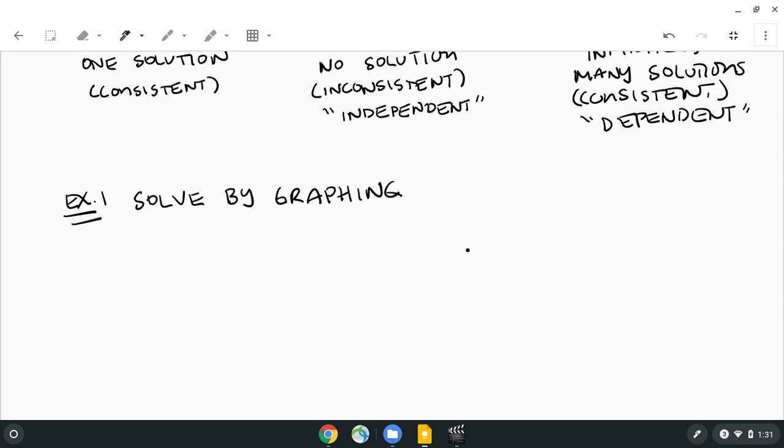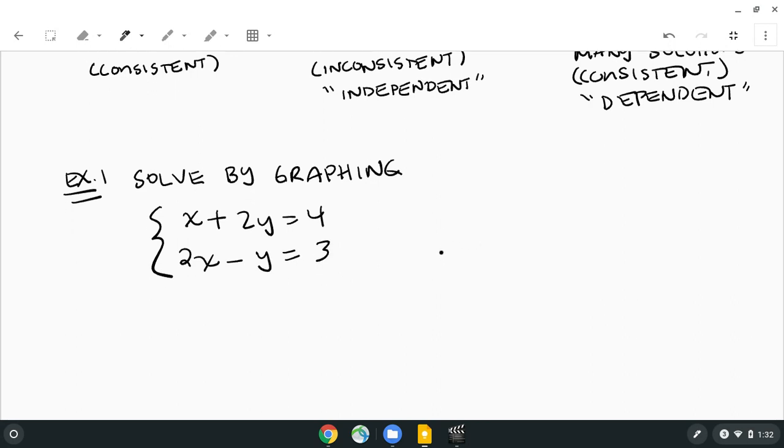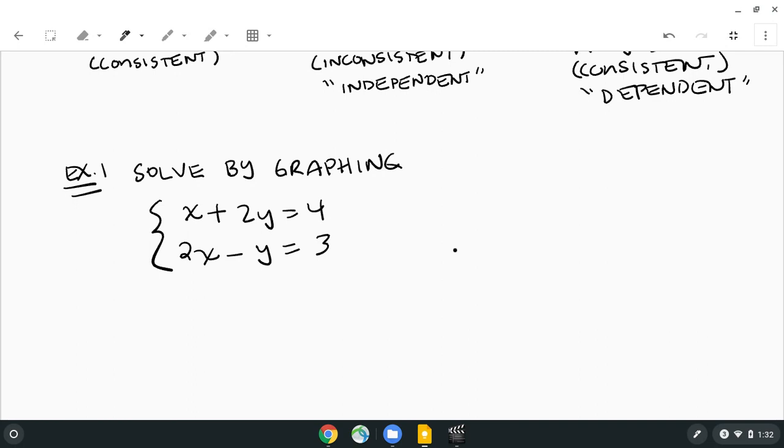So let's suppose that we have these 2 linear equations. x plus 2y equals 4. That one's in standard form. 2x minus y equals 3. Also in standard form.